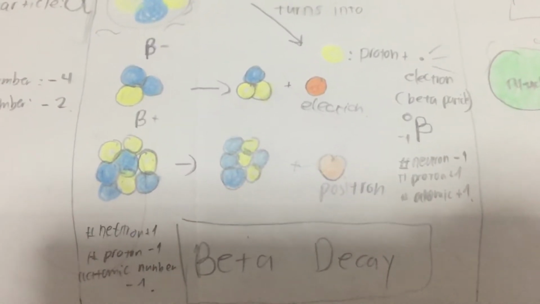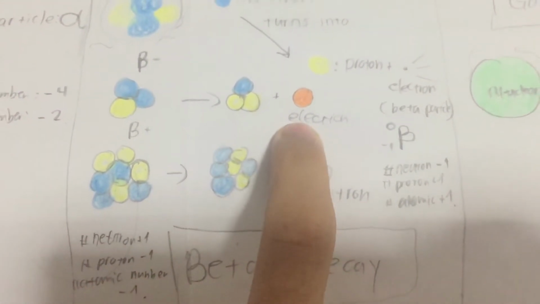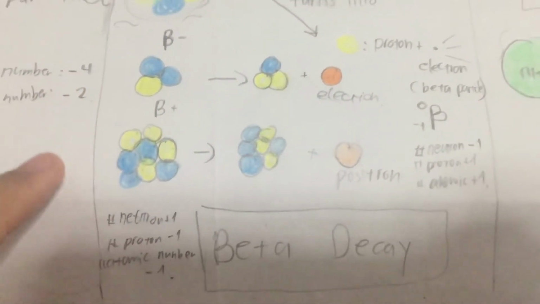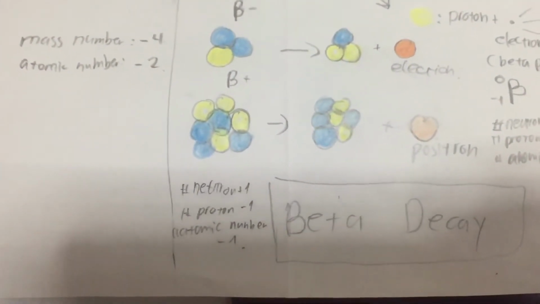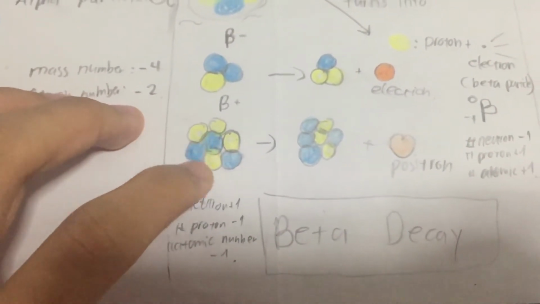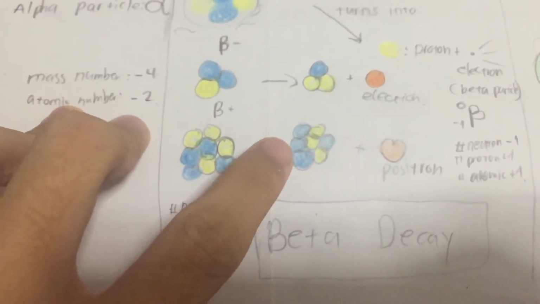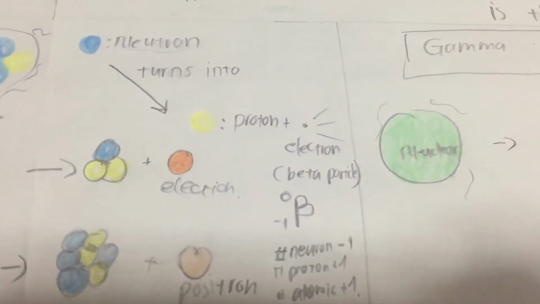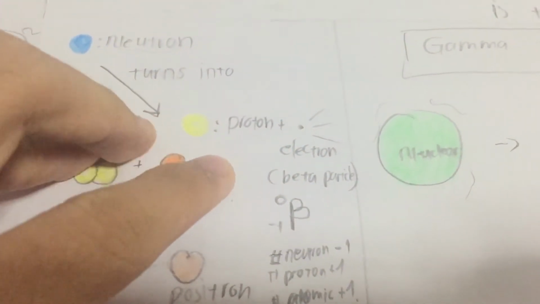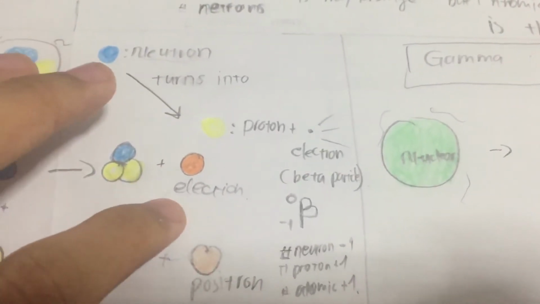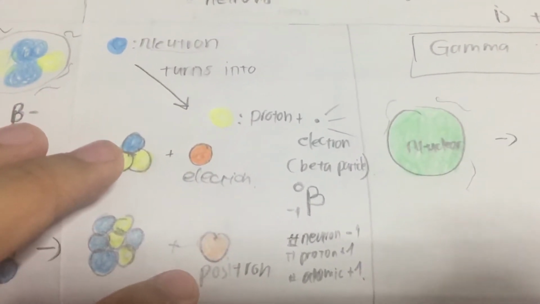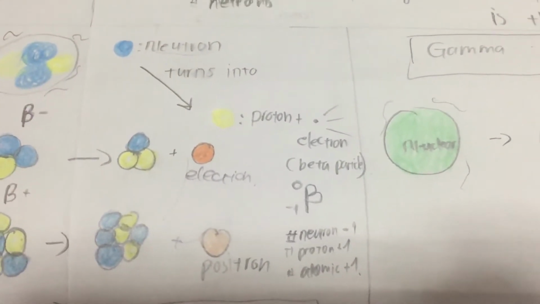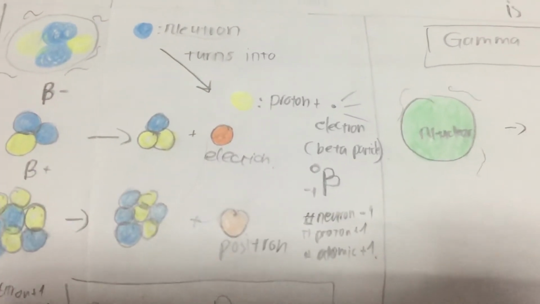So it turns into a proton plus an electron. And beta plus decay is the opposite, where a proton turns into a neutron plus a positron. The electron and the positron are known as beta particles, and they are emitted.